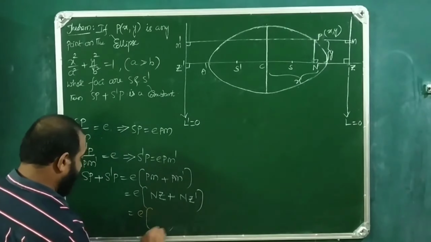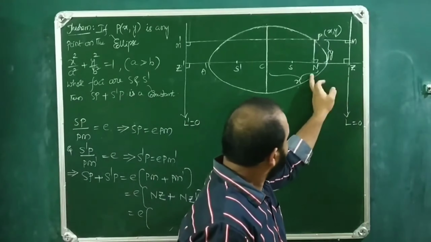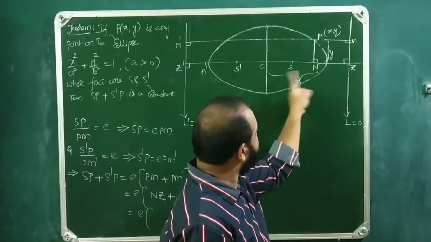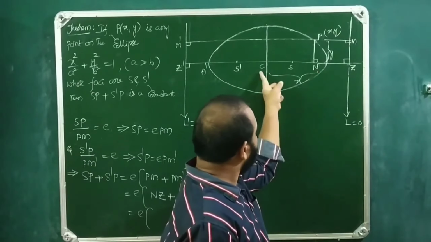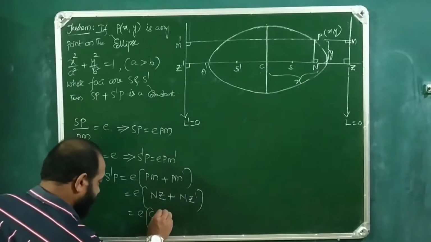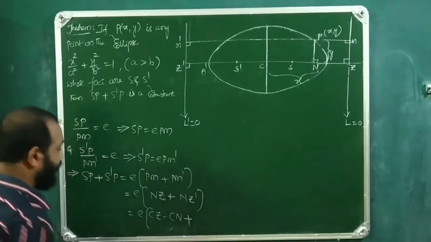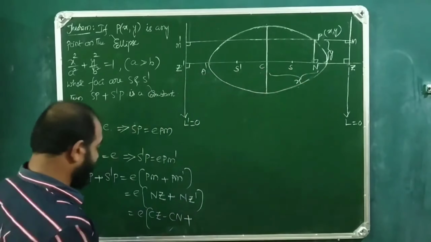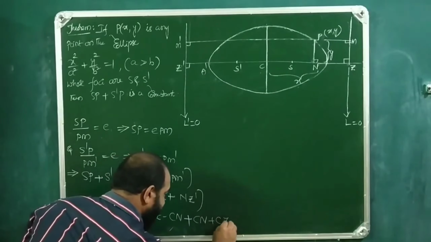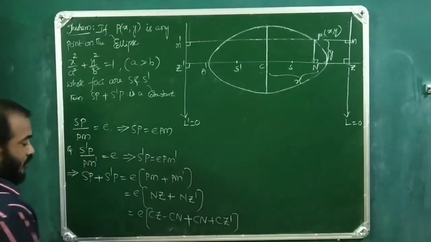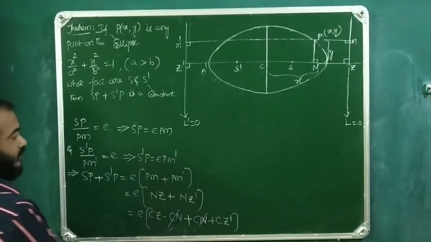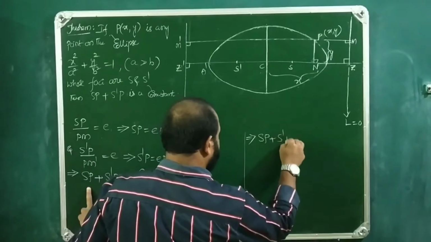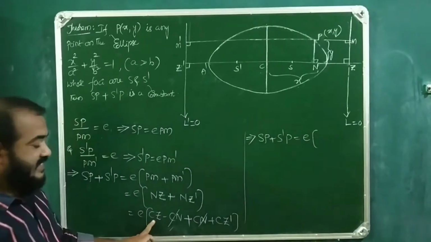This is equal to e into NZ plus NZ dash, where NZ can be written as CZ minus CN, and NZ dash can be written as CN plus CZ dash. So this CN gets cancelled. This is SP plus S dash P equals e into CZ plus CZ dash.